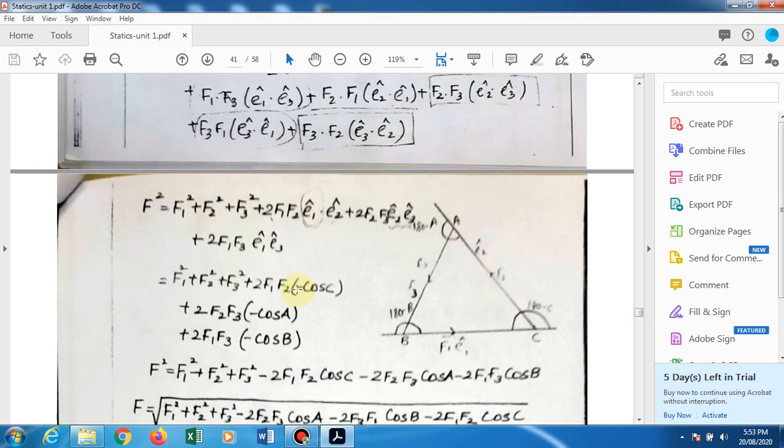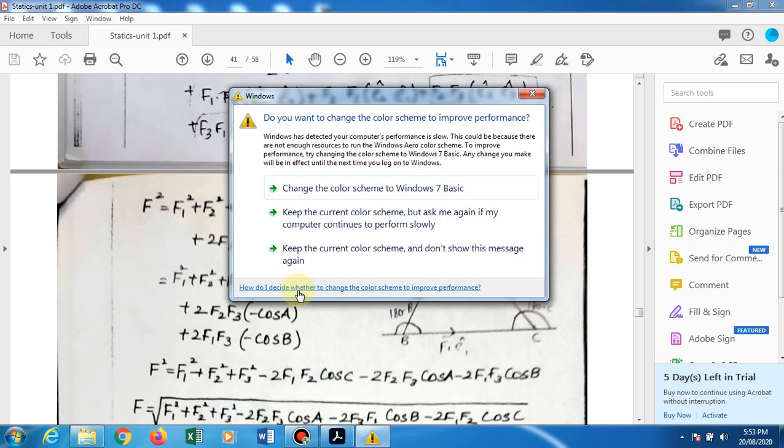Now, girls, next step you see. E1 E2 is minus cos C, by the formula in the diagram.